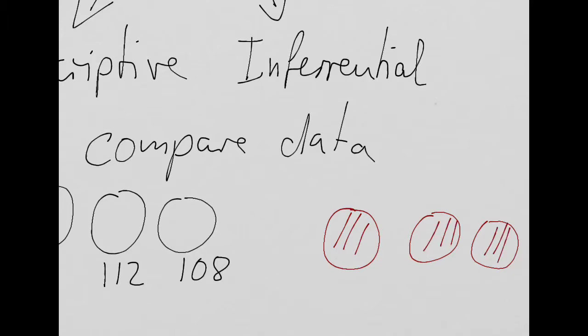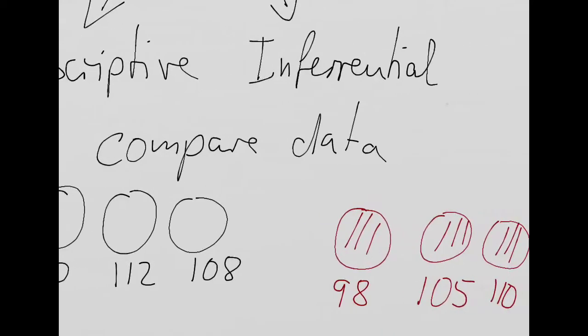I spread my cells, and again count the cells, and I find that I have 98, 105, and say 110 colonies growing on these plates with antibiotics. You can imagine the experiment?